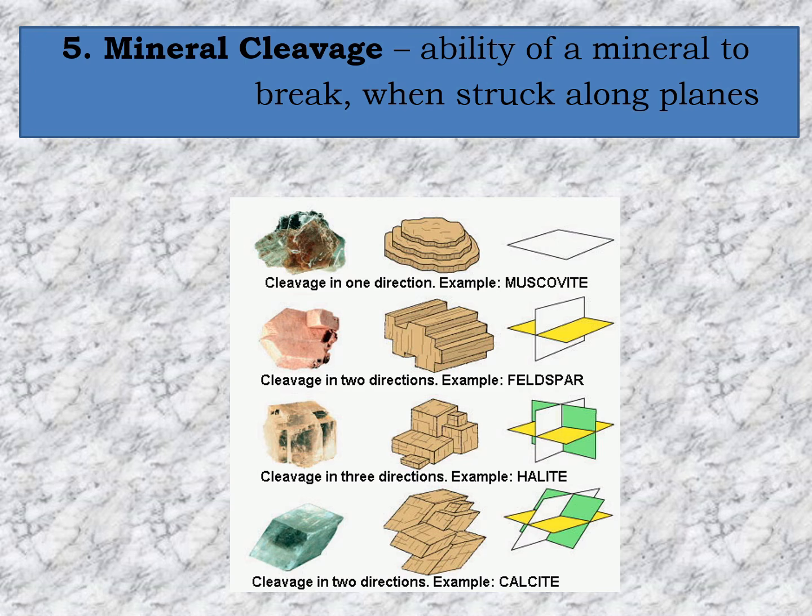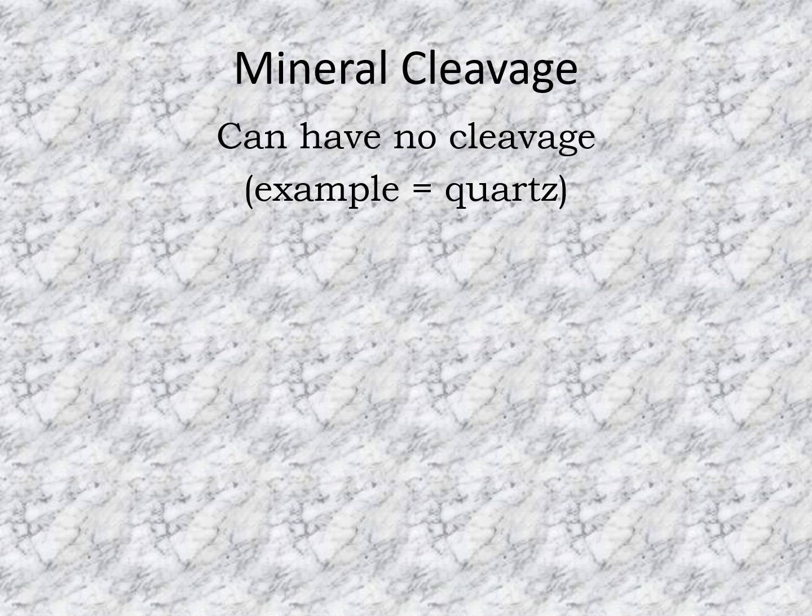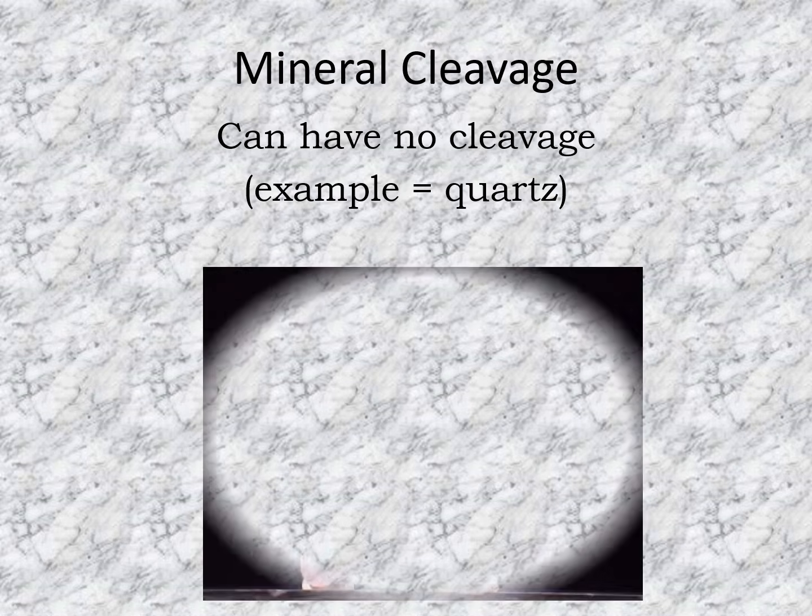In feldspar, cleavage is in 2 directions, and in 3 directions we have halite, and also calcite. We also have minerals with no cleavage. An example is quartz.